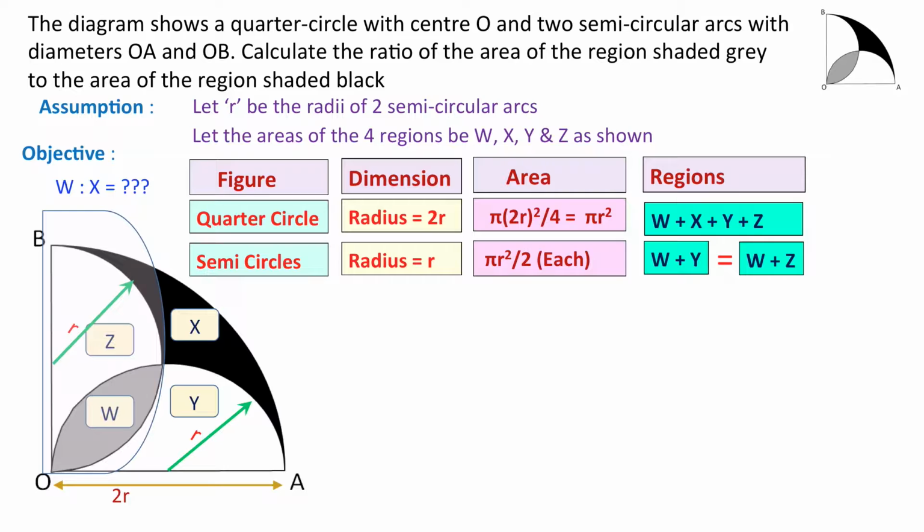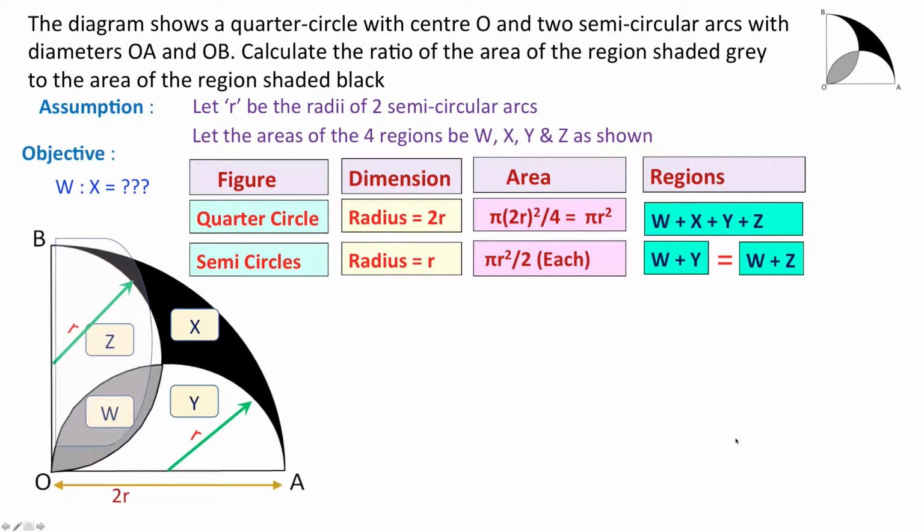Now this is where the next step is very interesting. The next step is what we call visual manipulation or visual jugglery. We'll try to manipulate the images that we have and see where it takes.